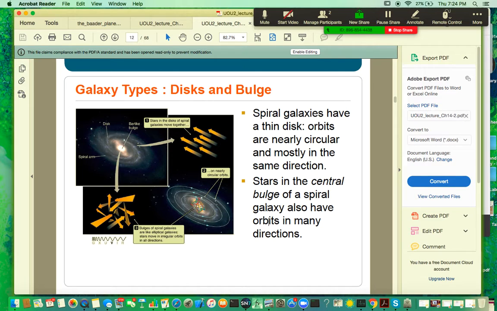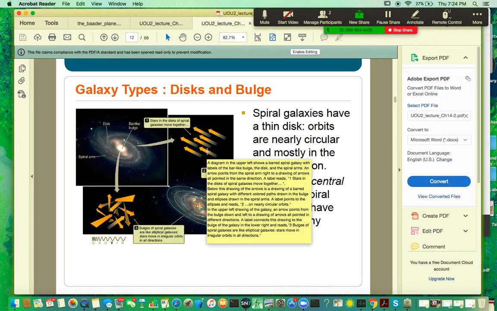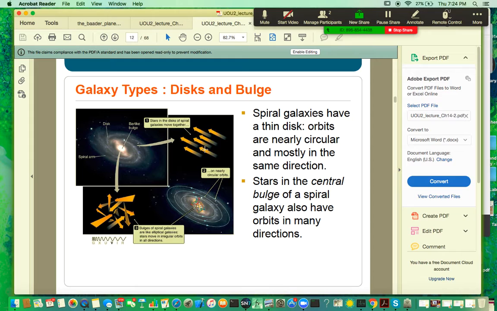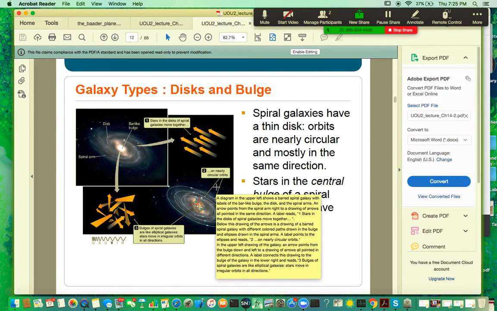And the reason why in the spiral galactic disk you have stars that migrate and revolve around the galactic center in the same direction is because, as we learned in our solar system, where the circumstellar disk out of which planets, satellites and asteroids were formed, they all seem to be orbiting the sun in the same direction because they all came from the same disk.